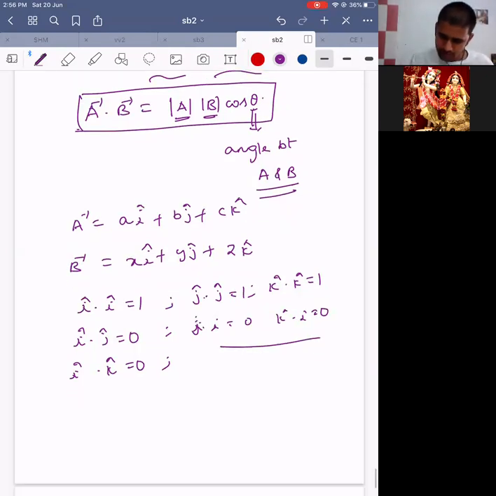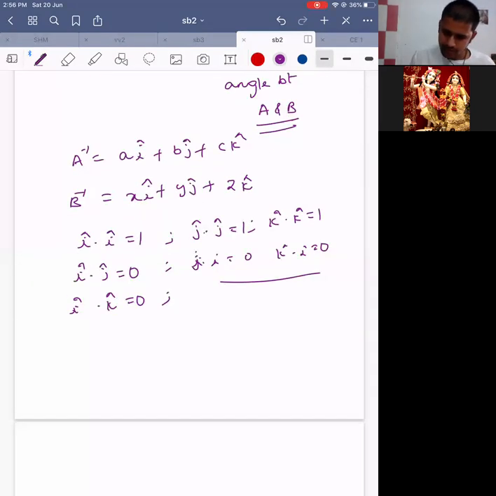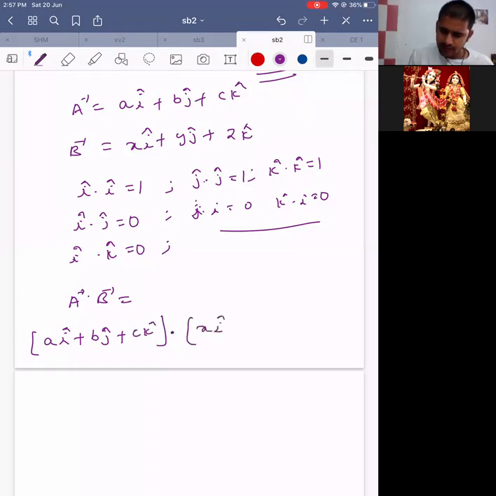The way to do the dot product: a bar dot b bar, where a bar is equal to a i cap plus b j cap plus c k cap, dotted with x i cap plus y j cap plus z k cap. First, i dot i is equal to 1.